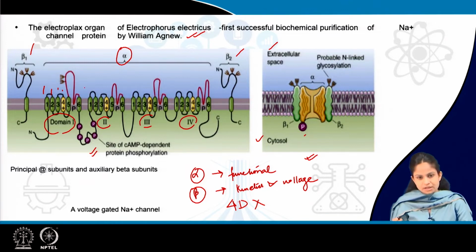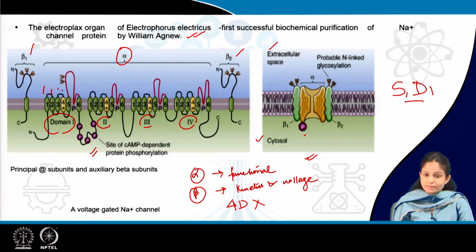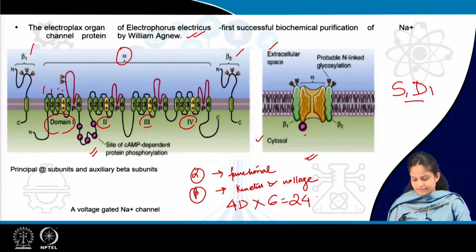Whenever I talk about a segment, I will write it as S, so S1 for segment 1 and D for domain. So, segment 1 of domain 1 is S1, D1. Each domain has 6 segments, so in total we have 24 transmembrane segments.